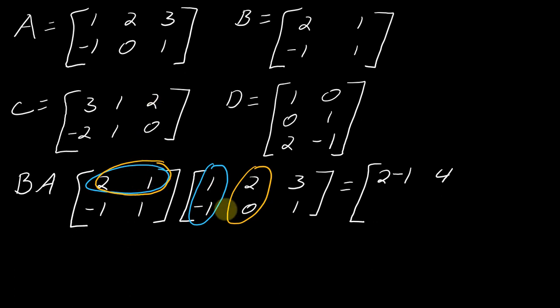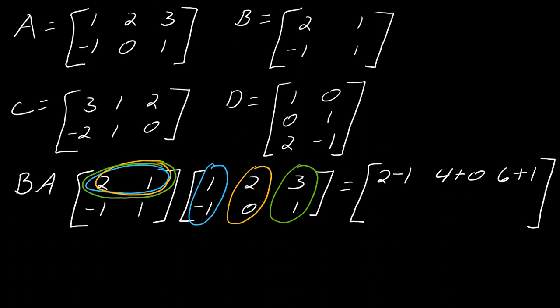And then I have 1 times 0, so that's plus 0. Then we're going to move down the line. I'm going to take this row now times the last column. So I have 2 times 3 is 6, and 1 times 1 is 1. So I'm going to have 6 plus 1. And so there is my first row.